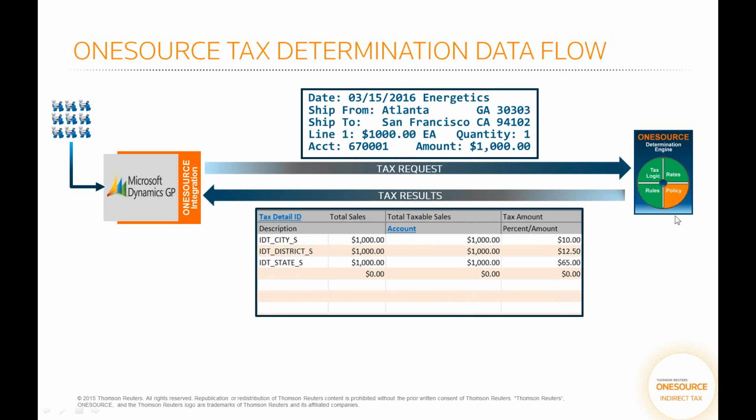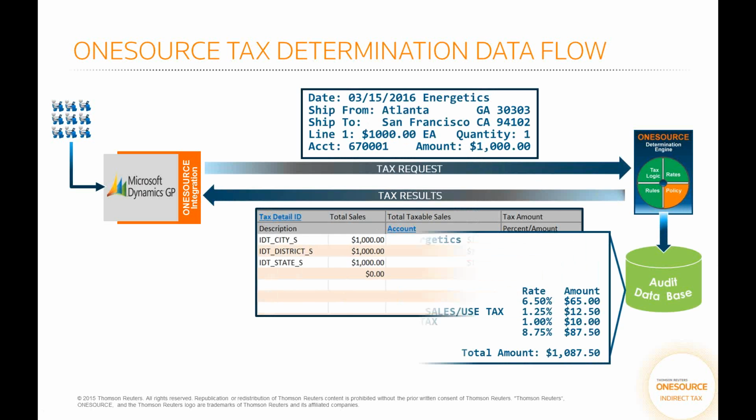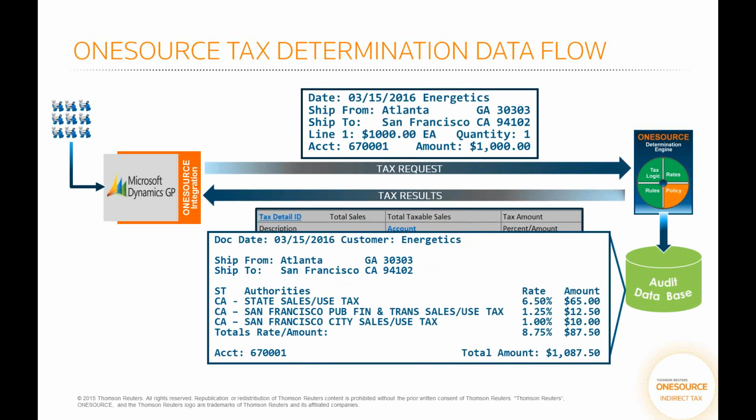Now, as the engine is calculating the taxes and then sends the response back to GP, the engine also records all this information into an audit or compliance database. And the recorded information will look something like this: a transaction date, the name of a customer or vendor, the ship from, ship to locations, names of the authorities assessing the taxes, rates, amount, and more, such as a GL account if you want to.